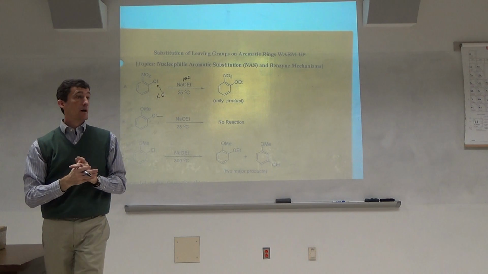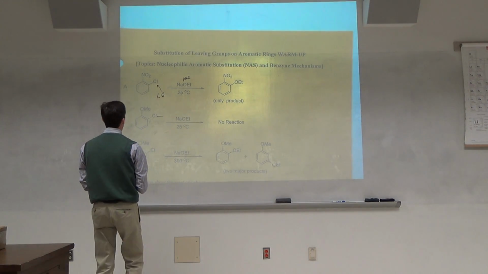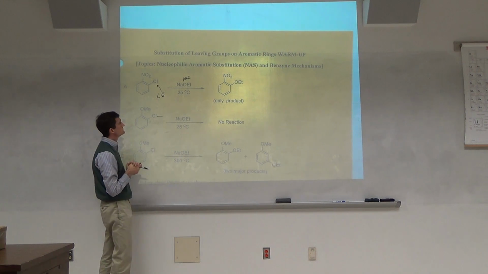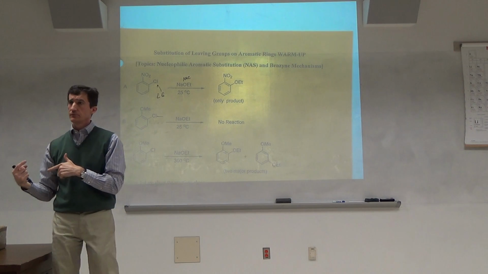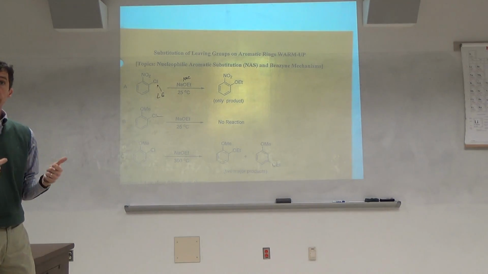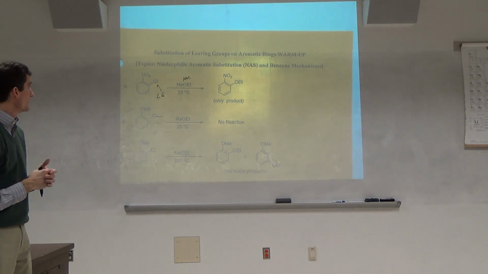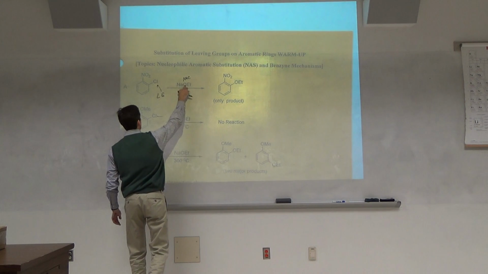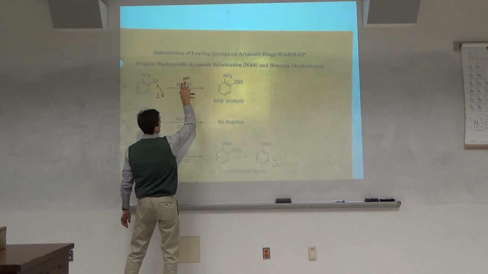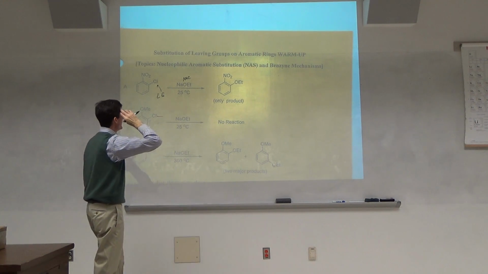Chlorine's a leaving group. So, what's the main mechanism we looked at before? Electrophilic aromatic substitution. The ring reacts with an electrophile. This is not an EAS because it's not reacting with an electrophile, it's reacting with a nucleophile. This is a nucleophilic aromatic substitution, NAS.